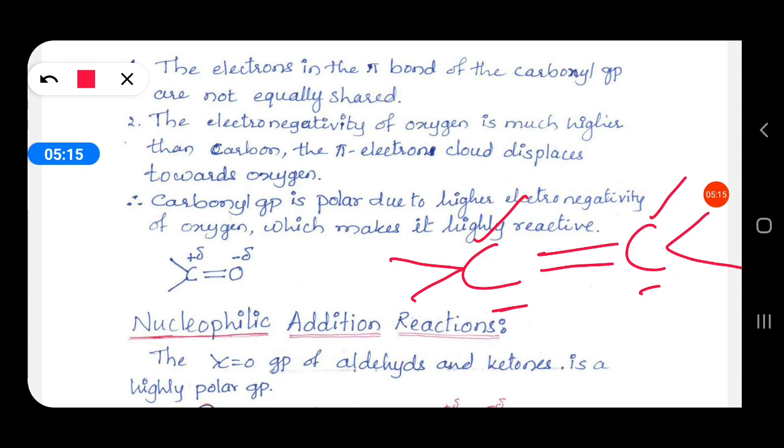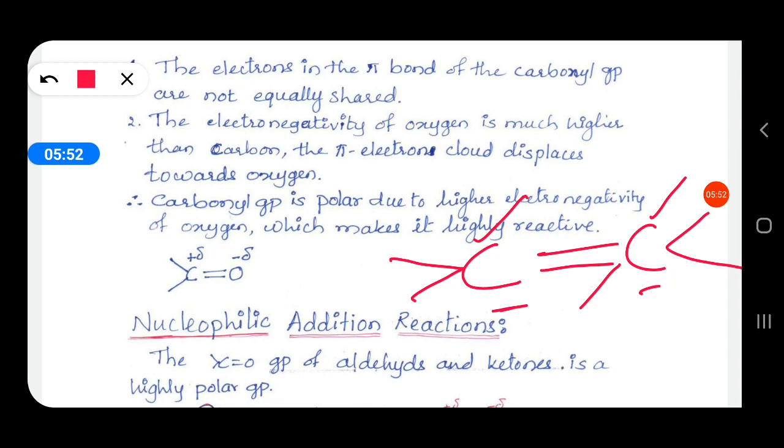Due to this, the carbonyl group is highly polar. This polarity is due to the higher electronegativity of oxygen, and it makes the carbonyl group highly reactive. But in the carbon-carbon double bond of alkenes, both carbons are equal in electronegativity, so the pi electrons are distributed equally and the bond is non-polar.